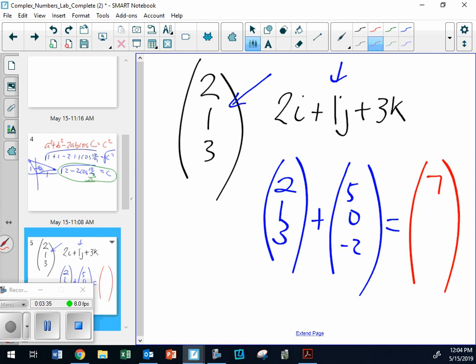Did you have 7, 1, and 1? Then I can tell you what the answer looks like in class. If I move 7 to the right, and then up 1, and then back 1, there'd be a dot right about here, and it would be an arrow that starts at 0, 0 and goes to that dot. Okay, that's a vector.